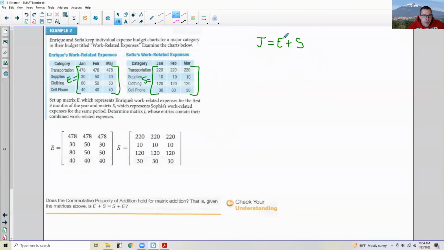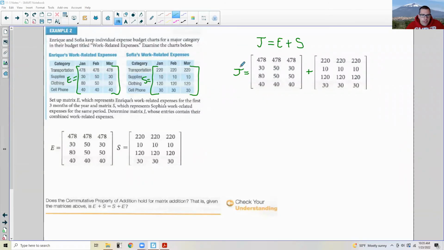J will equal Enrique plus Sophia's work-related expenses to make a joint amount of expenses called matrix J. So in matrix addition, what you have to do is add your corresponding elements. Okay. So if we're going to take E plus S, what we're going to do is add this to this.